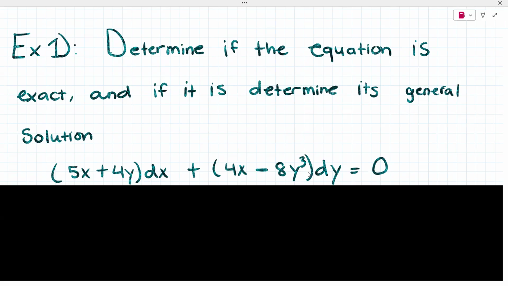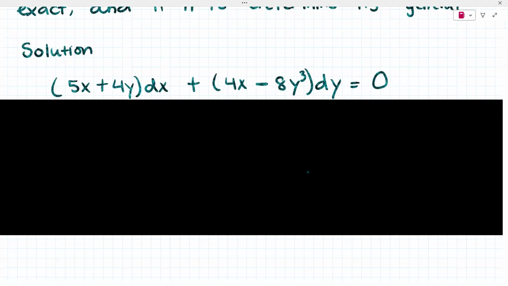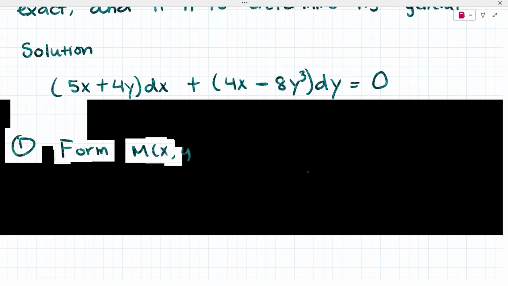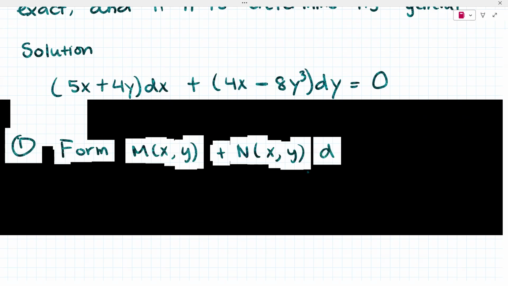So first step is, are we in the correct form? So on step 1, are we in the form of M(x,y) dx + N(x,y) dy = 0? I believe we are, right?